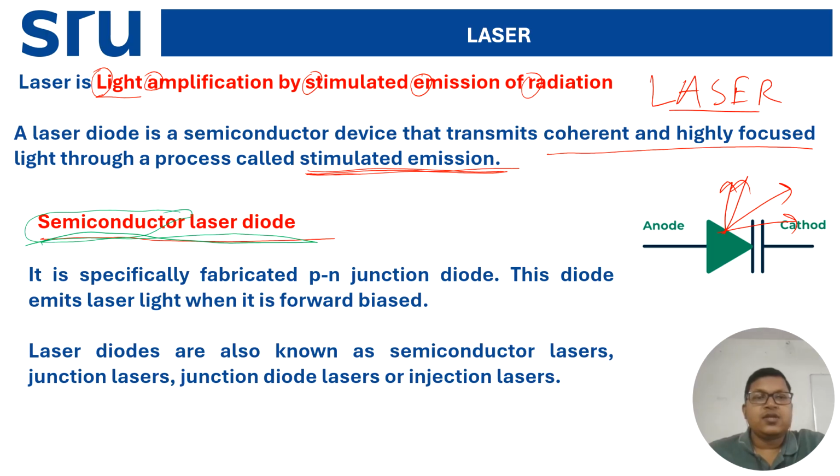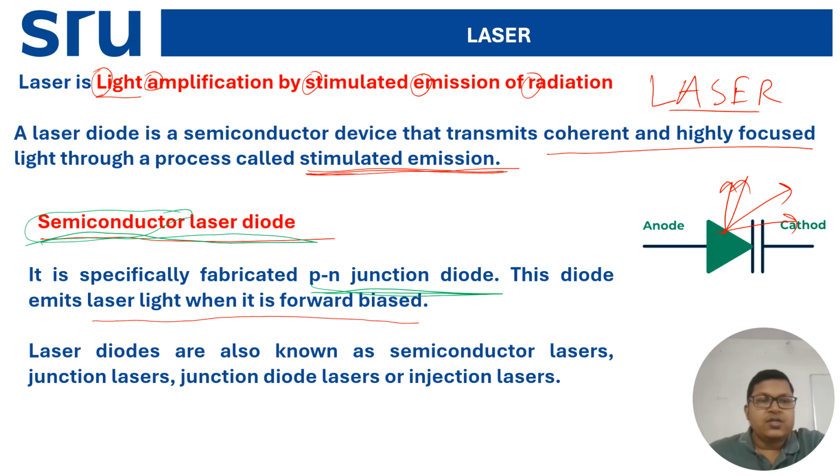Because lasers can be of different types, like gas lasers or others. So we will focus our discussion on the semiconductor laser diode. It is a specifically fabricated PN junction diode, and this diode emits laser light when it is forward biased.